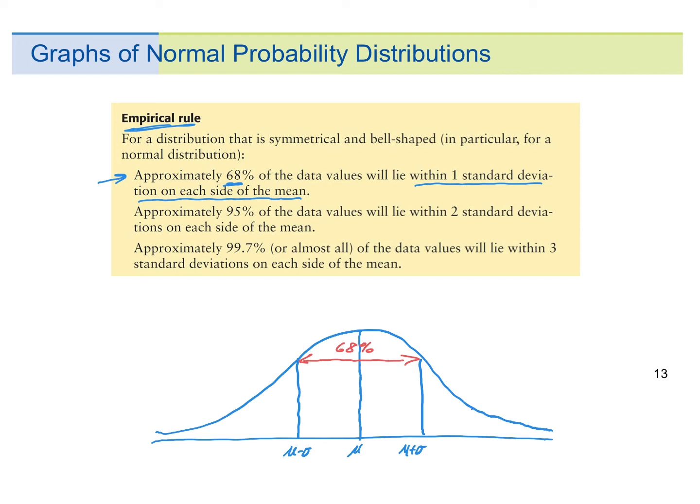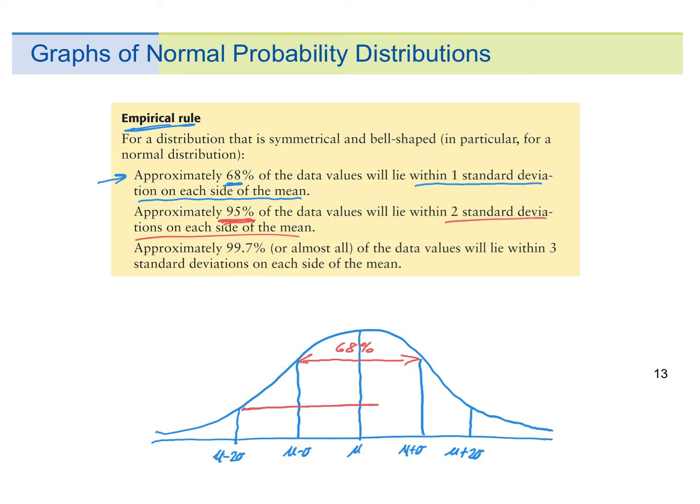Continuing, if I make a line here and a line here, this is mu minus 2 of the standard deviations. This is mu plus 2 of the standard deviations. And what this is saying is 95% of the data is within 2 of the standard deviations.